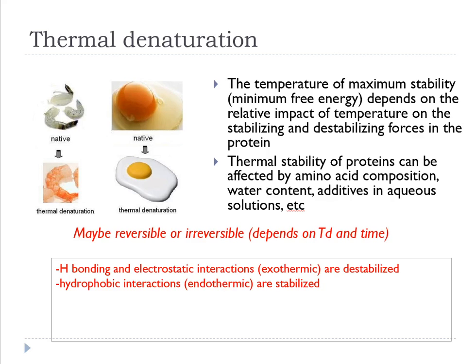As an example, here in this picture we see eggs. When eggs are cooked, the egg whites turn from clear to white, and this gel becomes more rubbery. So what is the protein in egg white? It's albumin.